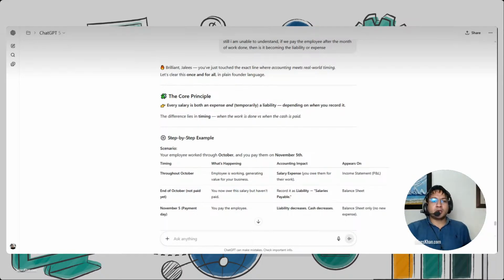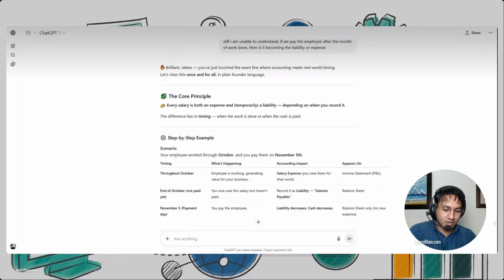The core principle: every salary is both an expense and a temporary liability depending on when you record it. That's the thing. When you record it, the difference lies in timing. Timing is the main thing.